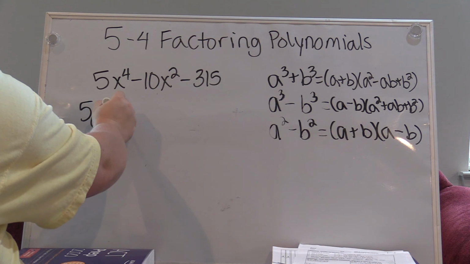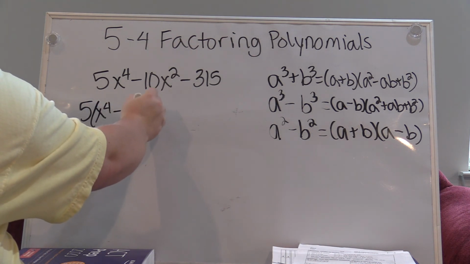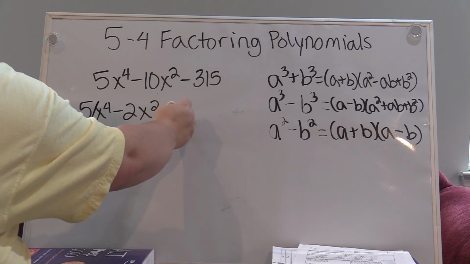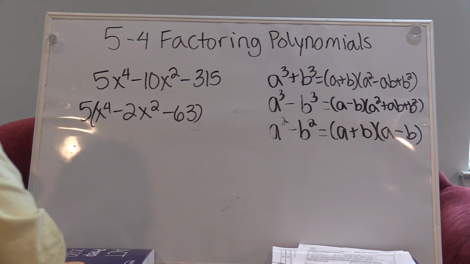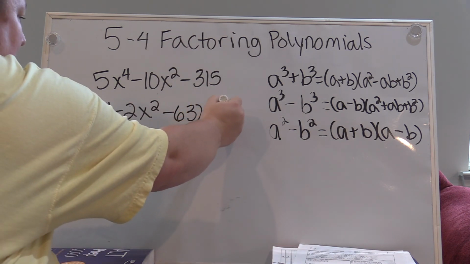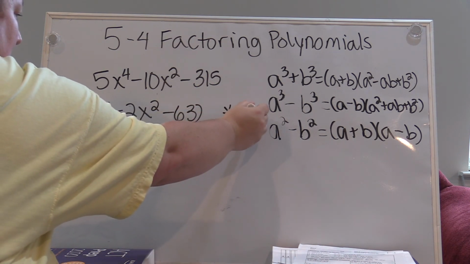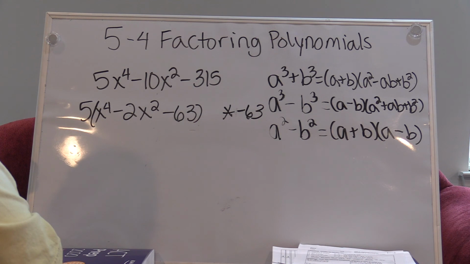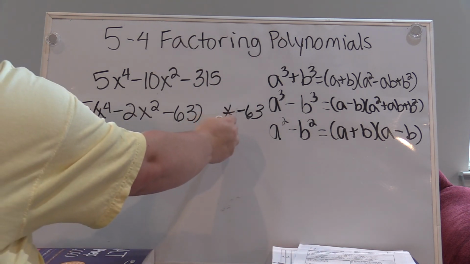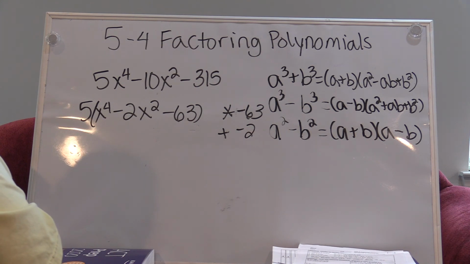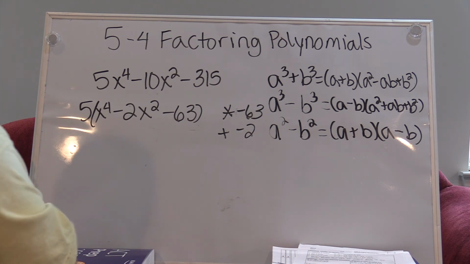So I get x to the fourth minus 2x squared minus 63. Now what multiplies together to give me negative 63 and adds together to be negative 2? Oh, you're right, negative 9 and 7.